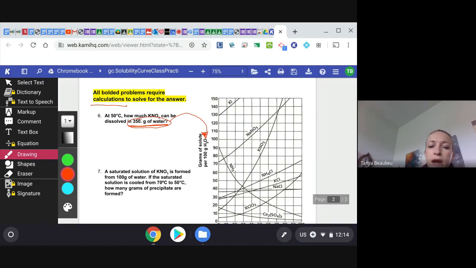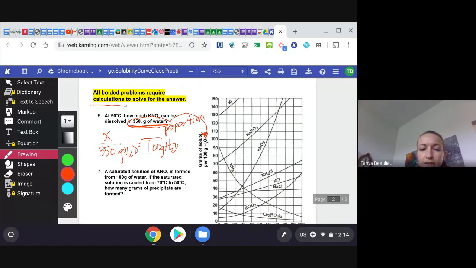So whenever you have a problem like this where it's a different amount of water, we say that that is going to be a proportion problem. So if you have anything different than 100 grams of water, you know you're going to be doing a proportion problem. So what we're going to do here is we have to figure out how much solute dissolves in 350 grams of water when normally it's in 100 grams of water.